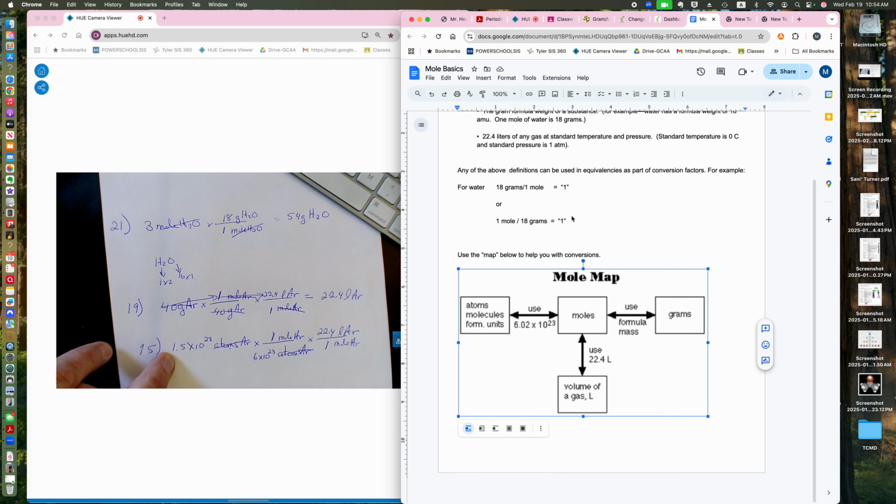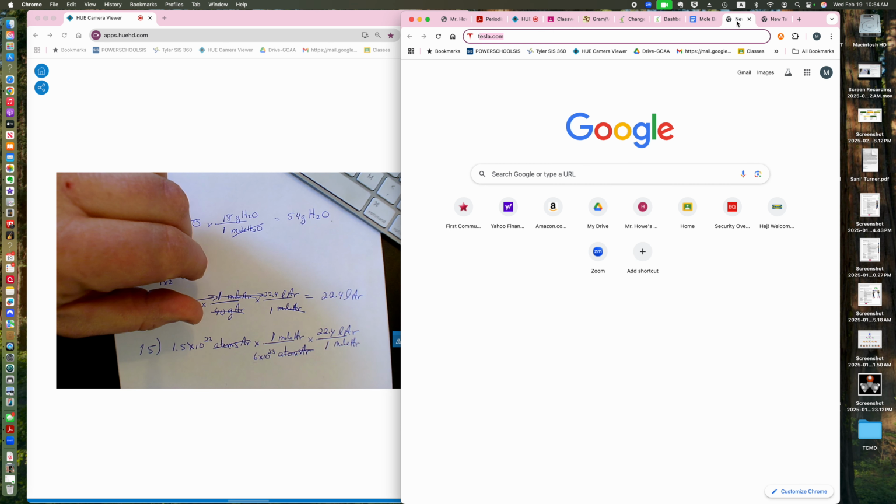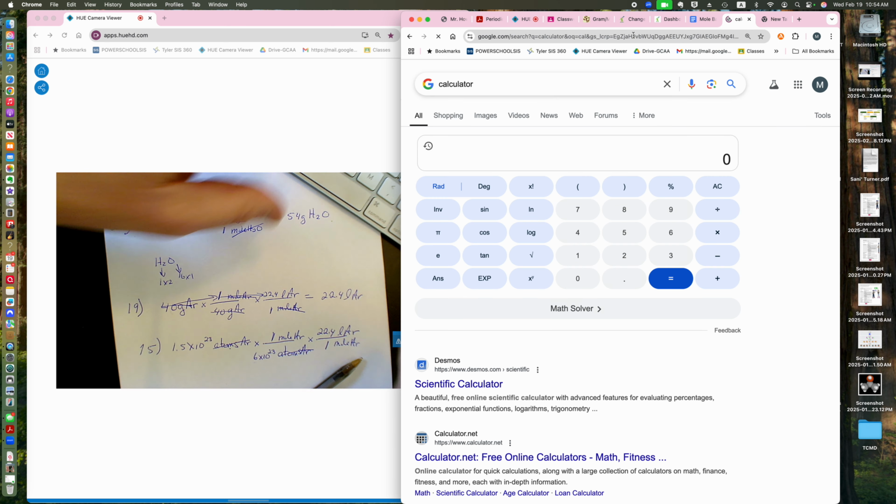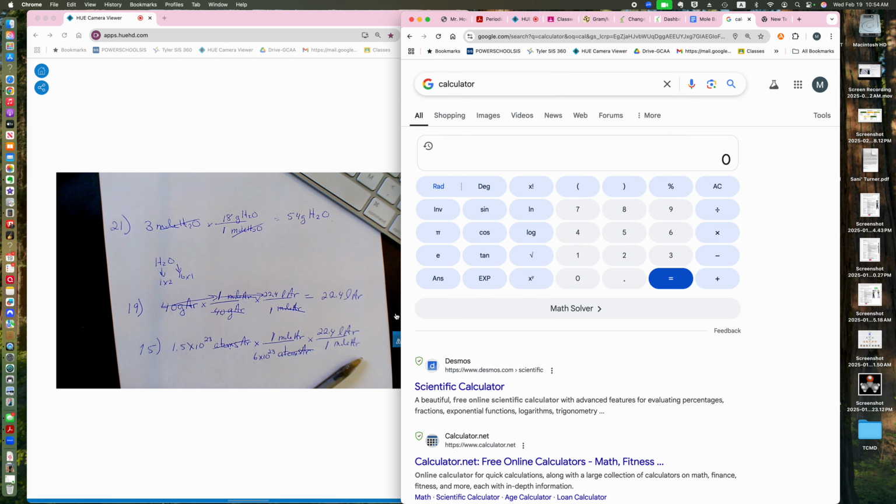All right, I'm going to work this one out on a calculator. So if you go over here, you just do a search here for calculator. So we're going to have 1.5 times 10 to the 23rd. So 1.5, and then use the EXP button, 23, multiply by 1, but 1 is just the same thing, so I'm going to skip that. Multiply by 22.4.